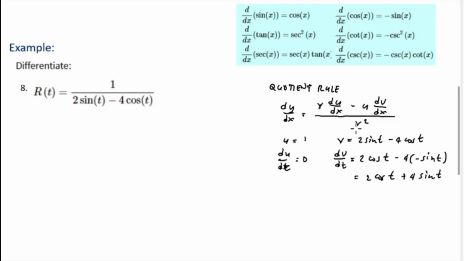And we substitute the given values into the quotient rule.